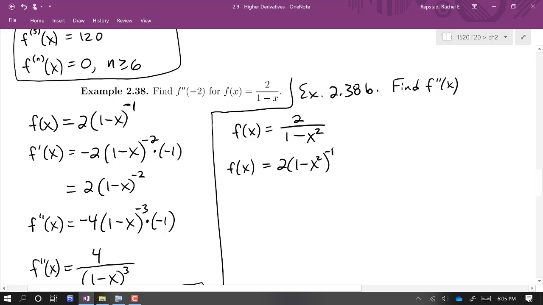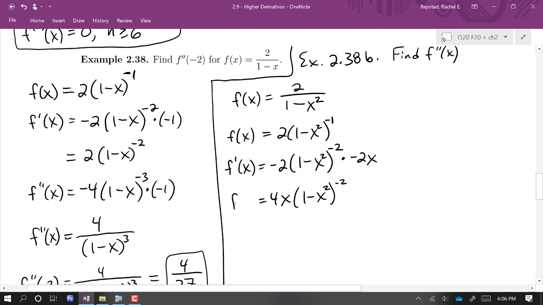Okay, so now when we find the first derivative, we're going to bring that negative 1 down, so we have a minus 2, 1 minus x squared to the negative 2 power. And now when we apply the chain rule, now is when things are different. We're going to multiply by negative 2x. And I'm going to just clean this up a little bit, so we have positive 4x, 1 minus x squared to the negative 2.